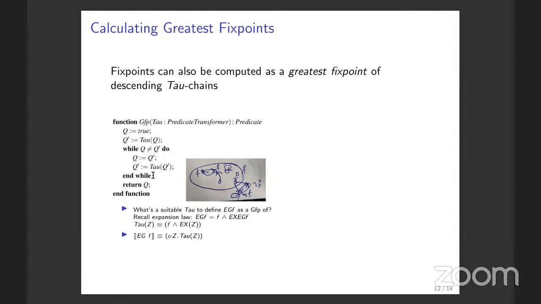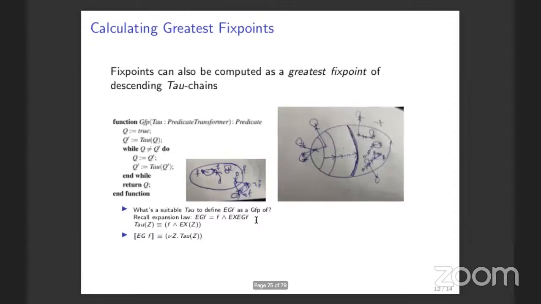True is tau 0, tau 1 is tau of true, tau 2 is tau of tau of true, and so on. Tau 1 of true is what I've shown here, and it has some things that must be included in the fixed point, but it also has things that should be removed because they do not satisfy EG of F, and that's what happens here.